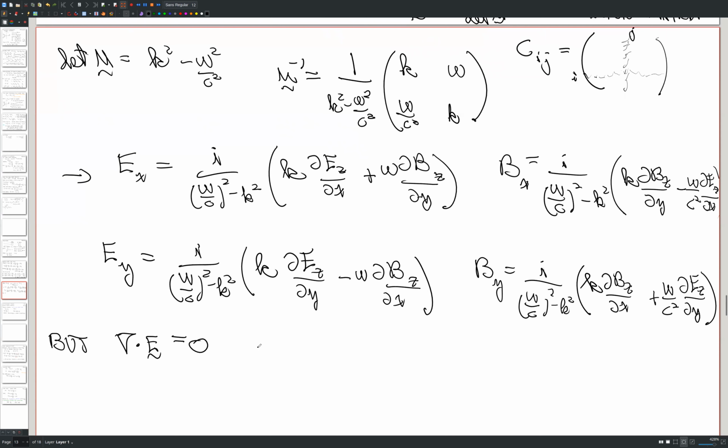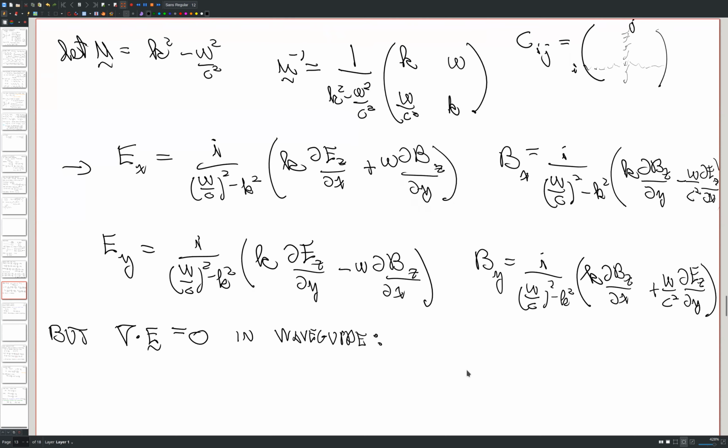So Gauss's law is obeyed with zero source in the waveguide, right? Because once again, I'm writing the equations for the electromagnetic fields inside the waveguide, where there's no matter, there's nothing there to carry anything. So there's no density, there's no current. And this tells me that dx of Ex plus dy of Ey plus dz of Ez is equal to 0.